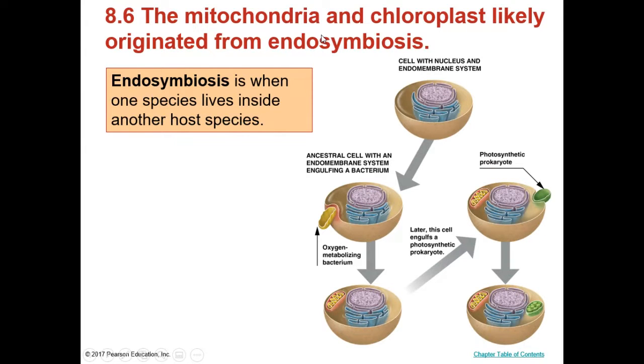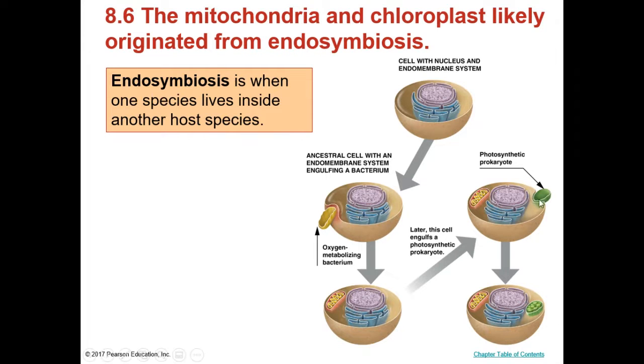What this allowed life to do is take a sharp turn in terms of evolution. Why would that be? Because endosymbiosis led to the generation of eukaryotic cells.